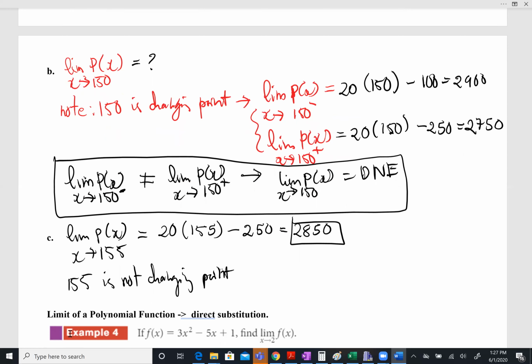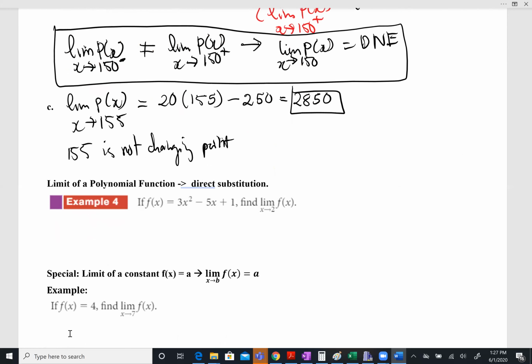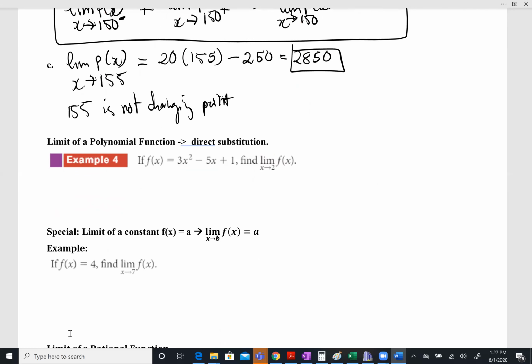Now I'm going to talk about direct substitution for the limit of polynomial functions. For all polynomial functions, such as ax squared plus bx plus c, or like ax plus b, there's nothing complicated.